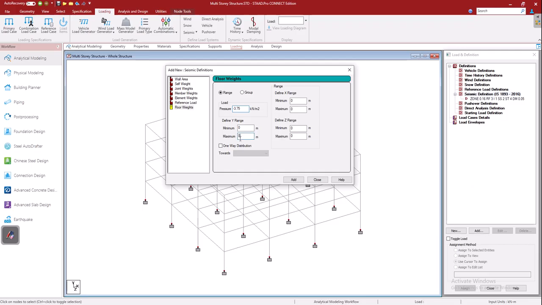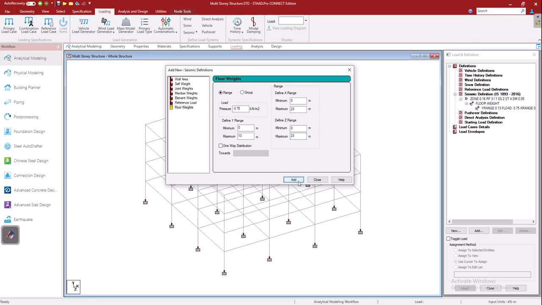So this 3.75, in Y range, it is 12 meter height, so I will take a cover of 13 meter height. Whatever floor levels come between 0 to 13 will be assigned this 3.75, and in the X range it is 22.5, so I will take 23 so that it covers completely, or you can take 22.5 directly.